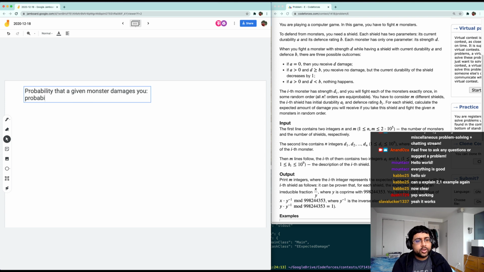So this is the probability that a monster is after A other strong enough monsters, where strong enough means they do more than B damage.